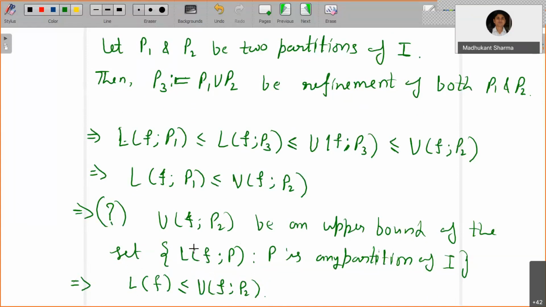Then, following similarly, one can show that, okay, let me go to the next page.